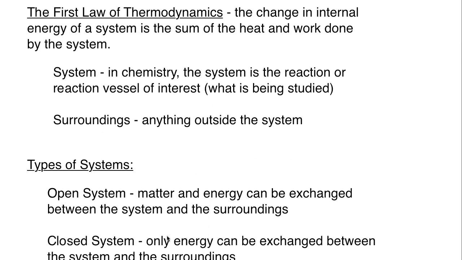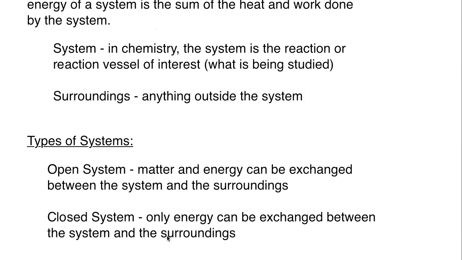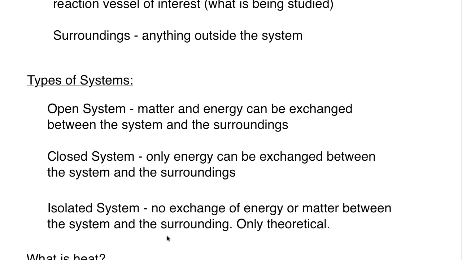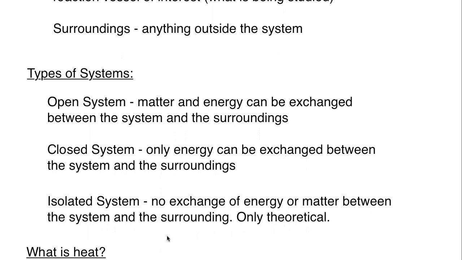Okay, so this is a very important part here. We have to classify or discuss some different types of systems in thermodynamics, because this will help govern what may or may not be possible in a certain situation. So there are really three systems that we can consider or hypothesize in terms of thermodynamics. The first one, and probably I would argue the most common one that we see in everyday life, is an open system.